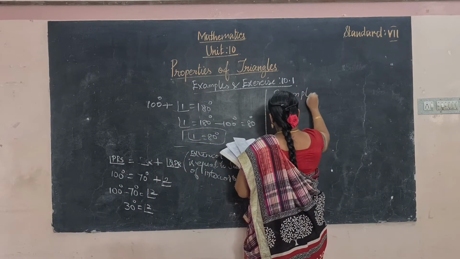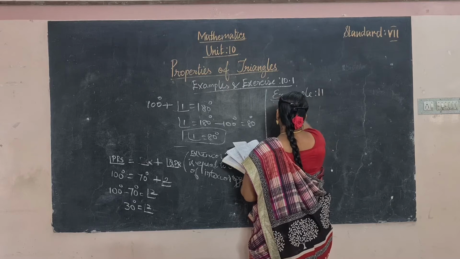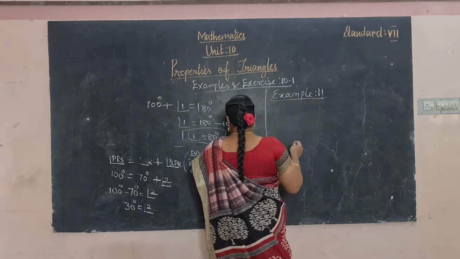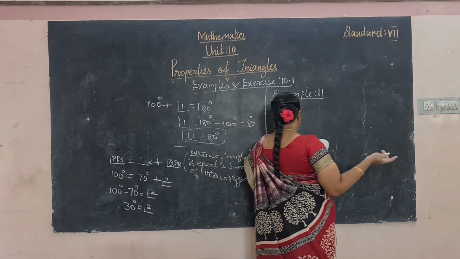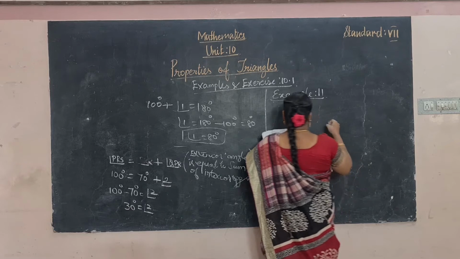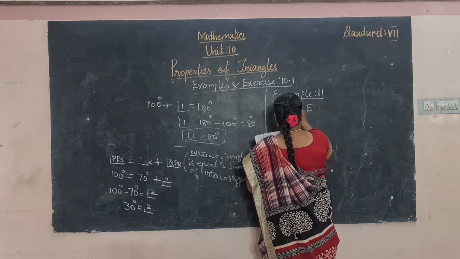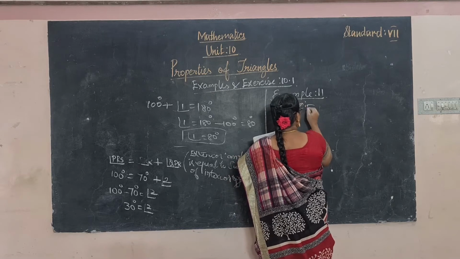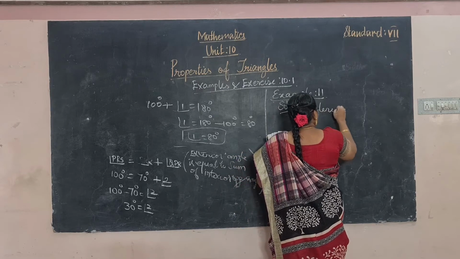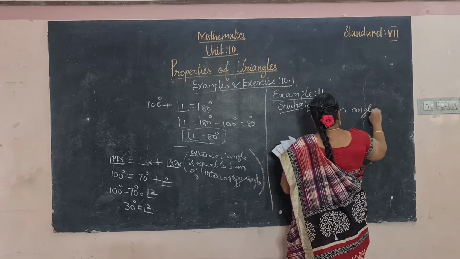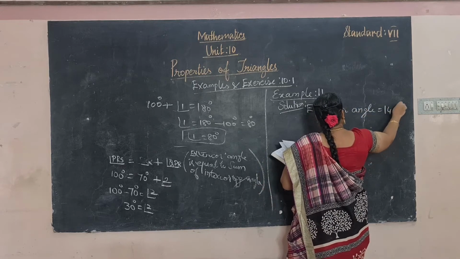Example 11. So what data are given? The exterior angle is given. Solution: exterior angle is equal to 140 degree.